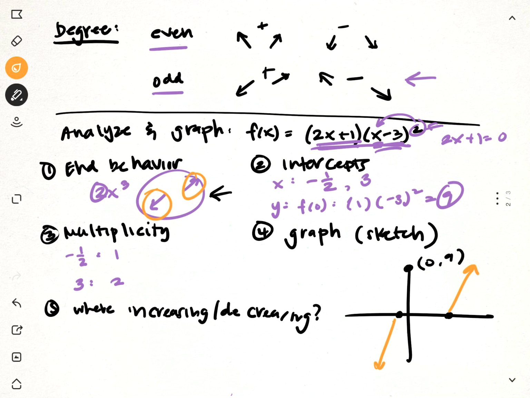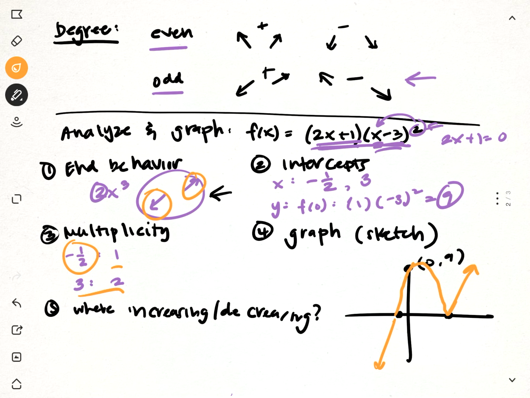So what happens at -1/2? The multiplicity is 1. So we know it goes through. Right, so it goes through here. It comes up through the y-intercept. And then it comes down here to 3 at some point, and then it bounces off.